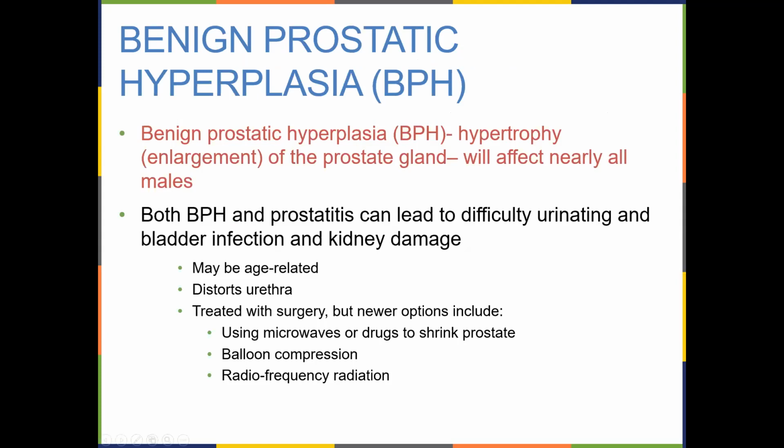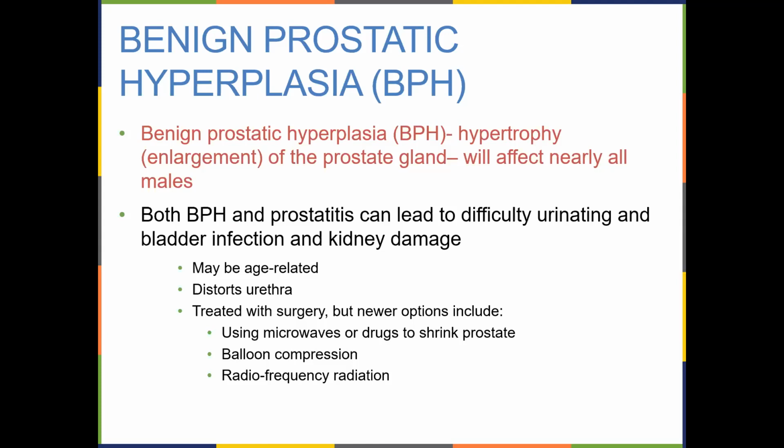A much more common occurrence in males is what's known as BPH, benign prostatic hyperplasia. The prostate enlarges. Most males over the age of 60 will likely develop this. This is not related to prostate cancer. What happens is the prostate starts to enlarge. Hyperplasia means increased cell growth.